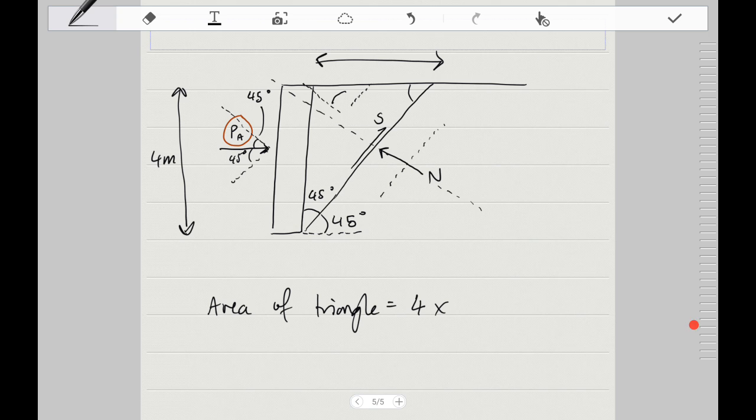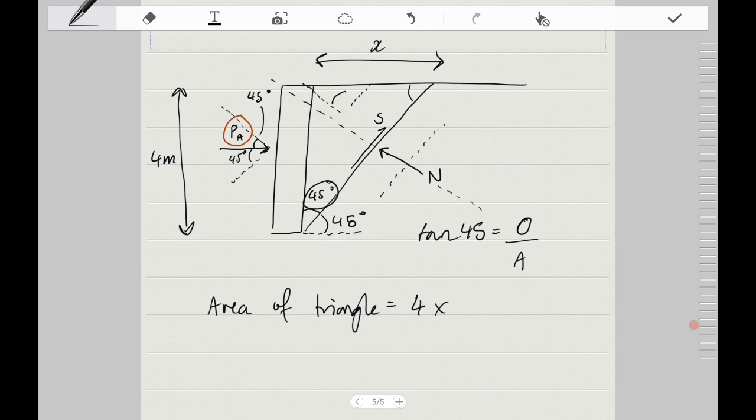The way you do that is you can use the relationship of tan. So tan of this angle, 45, equals the opposite, we'll call this x, over the adjacent, as we usually do.